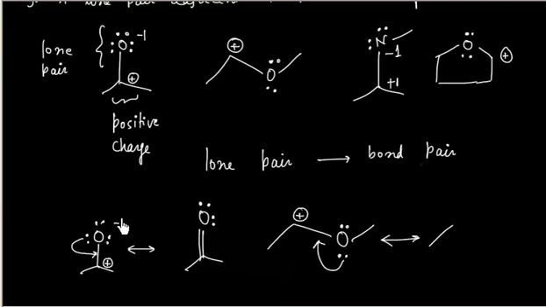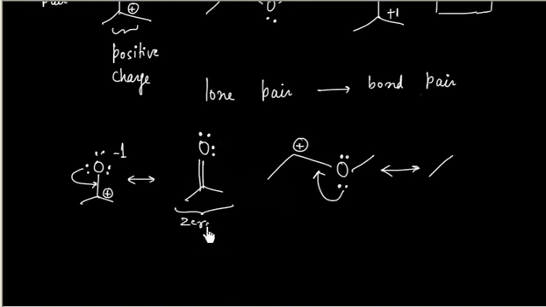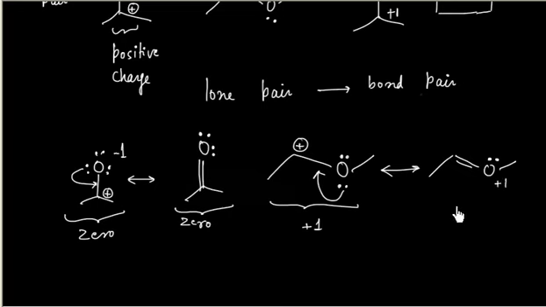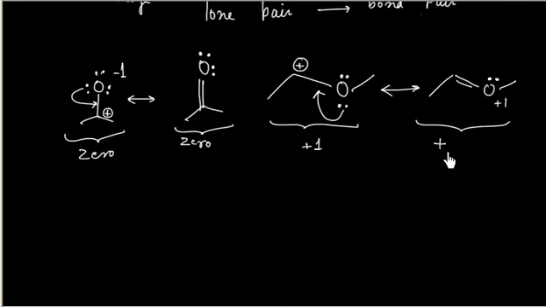This oxygen has negative charge. So this molecule has 0 formal charge, 0 net charge. This also has 0 net charge, but this molecule has +1 charge. So the corresponding resonating structure will also have +1 charge. So this oxygen has only 5 electrons, so this will have +1 formal charge. So net charge remains conserved. This also has +1 charge.